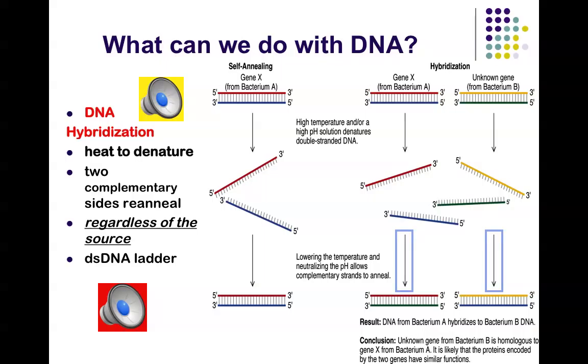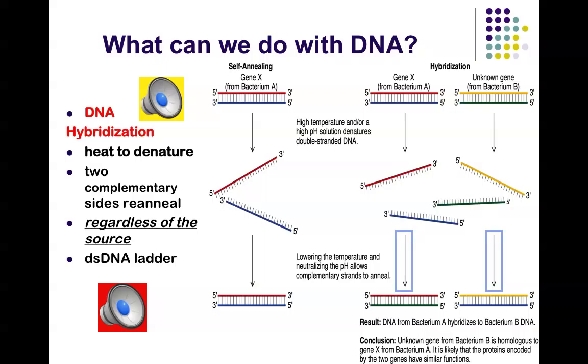If we denature those two double-stranded pieces of DNA, separate them into single-stranded DNA fragments, mix all those pieces, the red, the blue, the green, and the yellow, in a test tube, and then lower the temperature, or allow the pH to go back to a more normal pH, notice that some of the reannealing will allow red-green combinations and yellow-blue combinations.